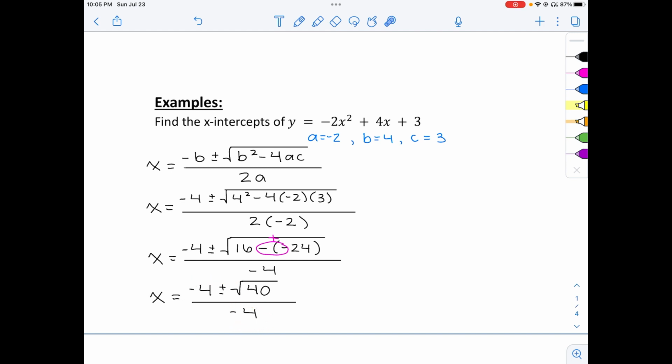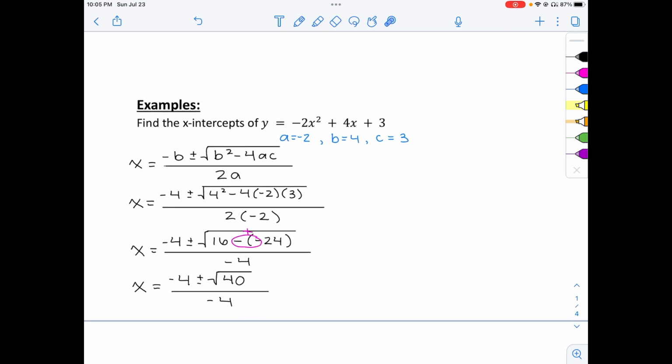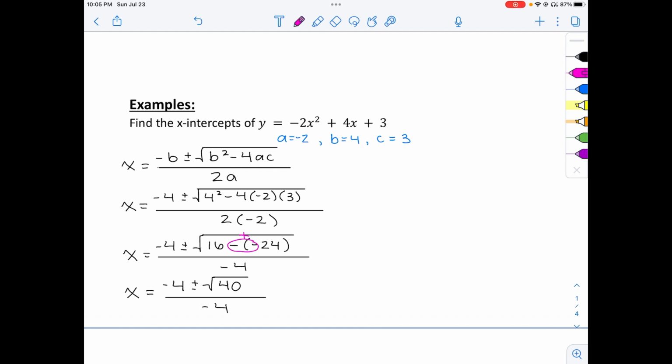So we need to figure out whatever the square root of 40 is, figure out the top, and then divide. Do not cross this off because they are the same and say it's just plus or minus root 40. That's not how the order of operations works, and that will give you an incorrect answer. What this looks like, then, I'm going to show over here because I have run out of space here.